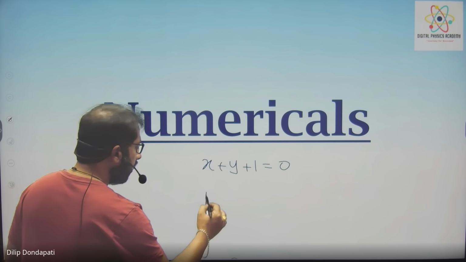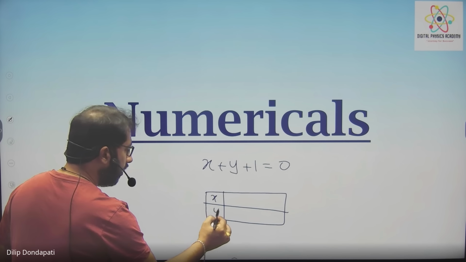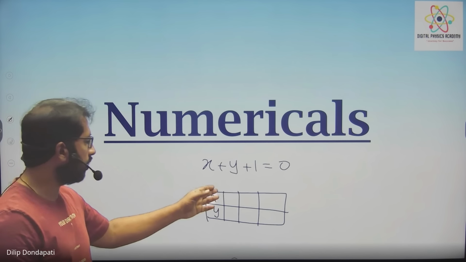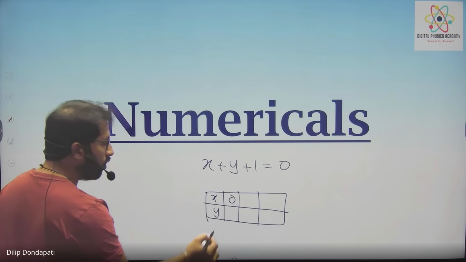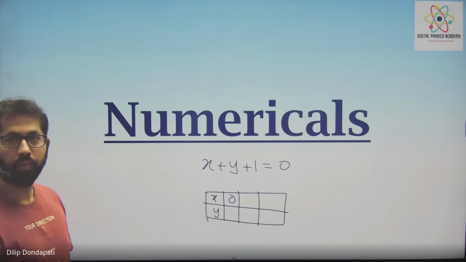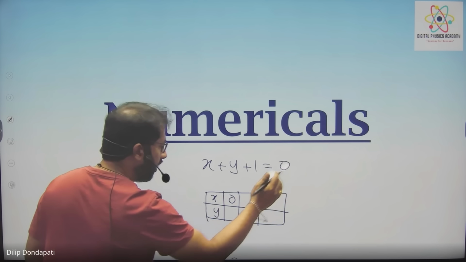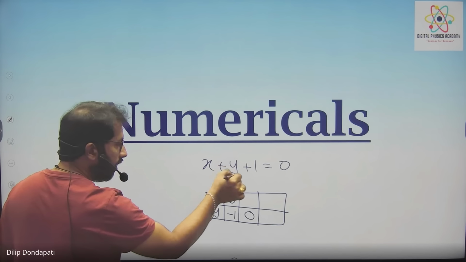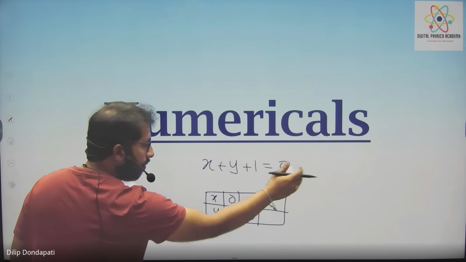You simply put some random points for x, y. First take the origin, it will be easy for you. So x is 0. Tell me, y value is how much? If I substitute x equal to 0, y is -1, because if you send +1 to that side it is -1. If I substitute y equal to 0 in the equation, x plus 1 becomes -1, so x is -1.